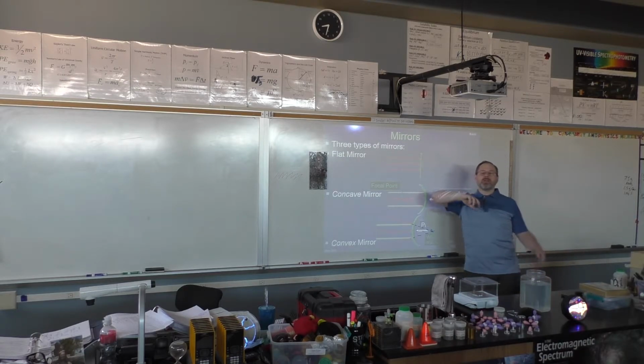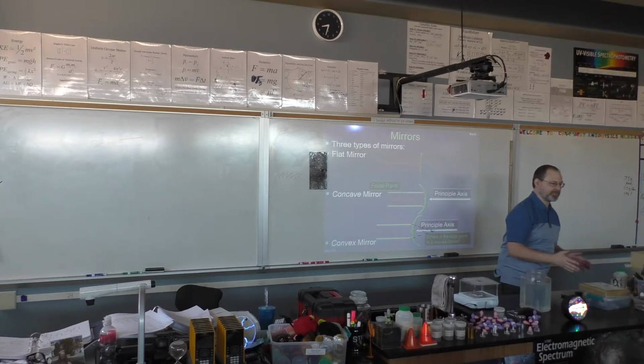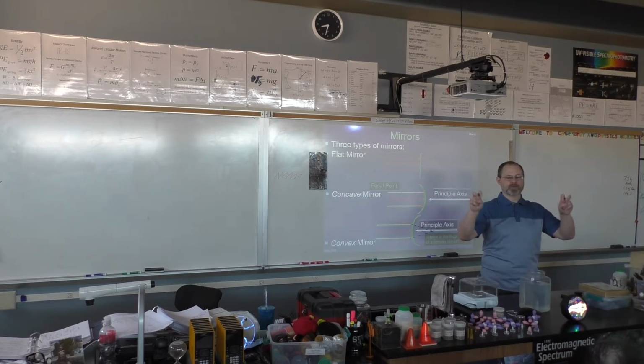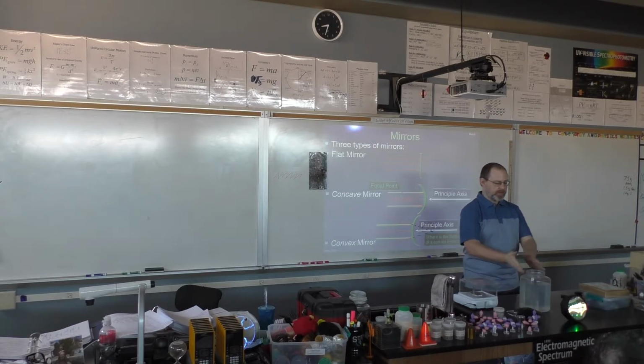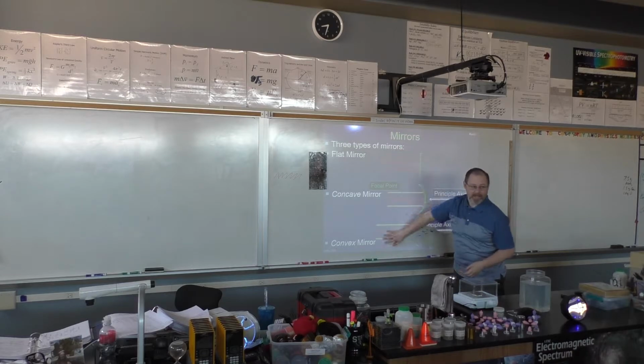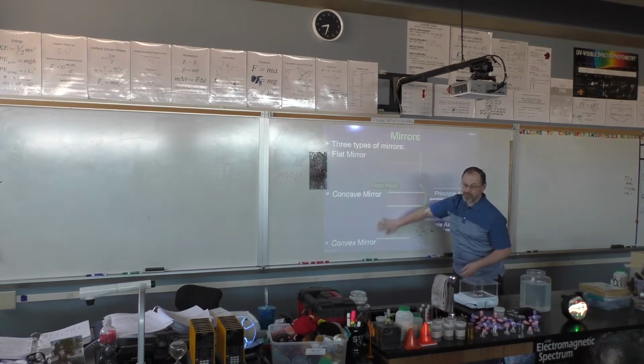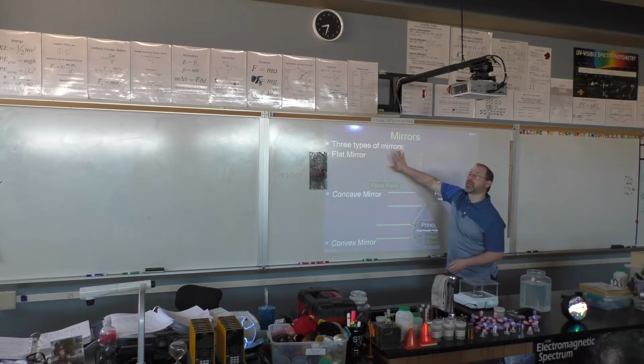So when you create an image that is not where the light is, it is a virtual image. It's just as valid as a real image. It's just we need a lingo to say light here, image there. If the light's over here, and an image forms over here, it's a real image.